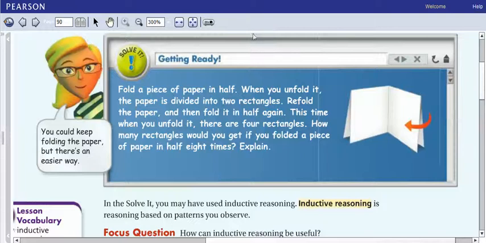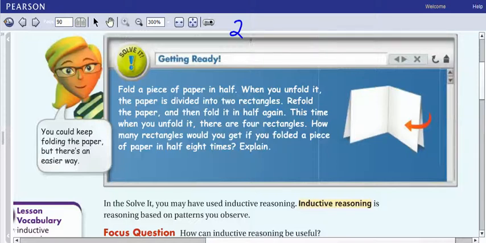So, number of rectangles after one fold was 2, right?